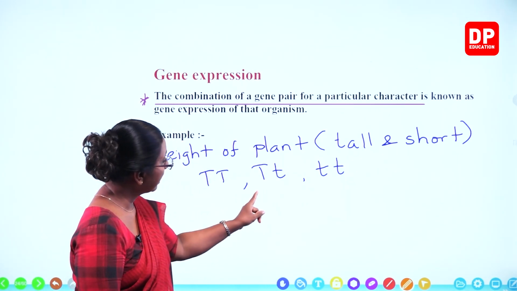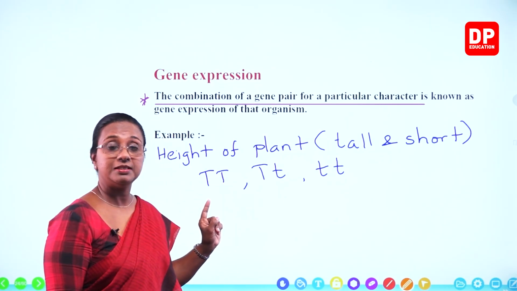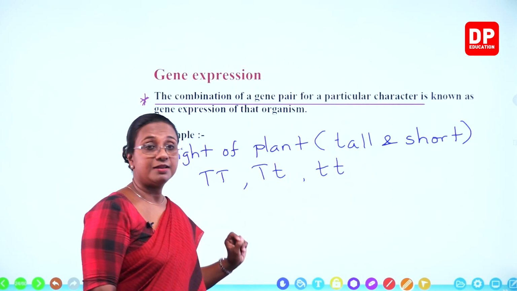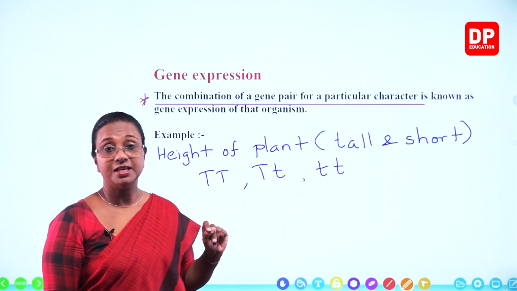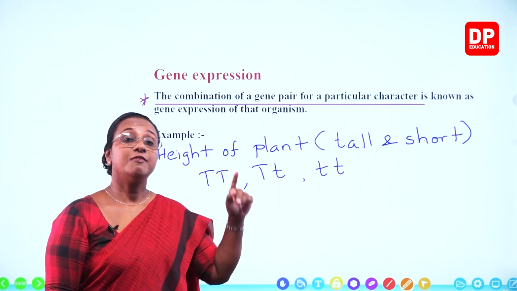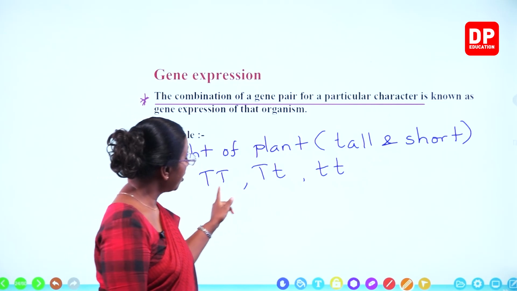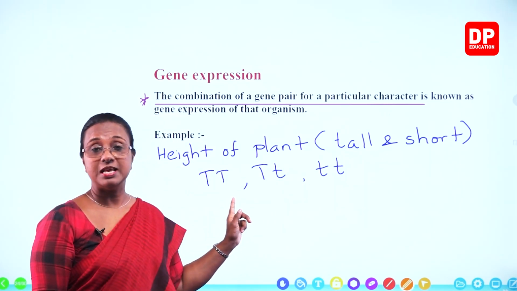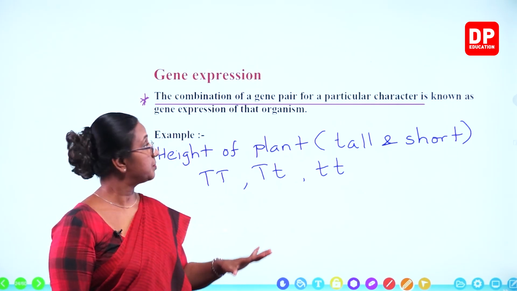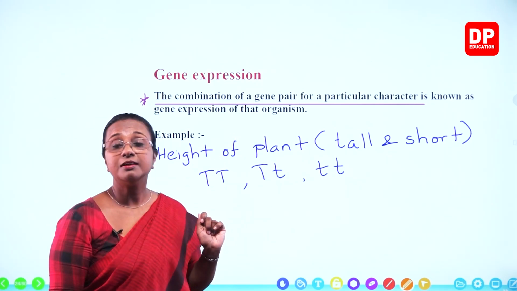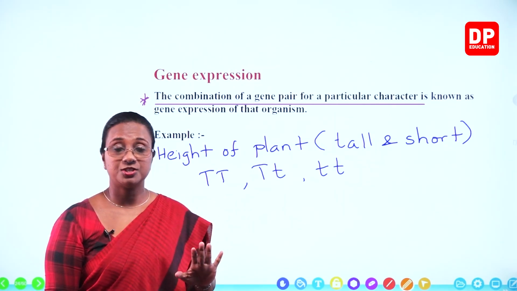You can have 3 combinations. From the first generation to the second generation, we got all these 3 combinations. So the combination of genes responsible for a particular character is what we call gene expression.